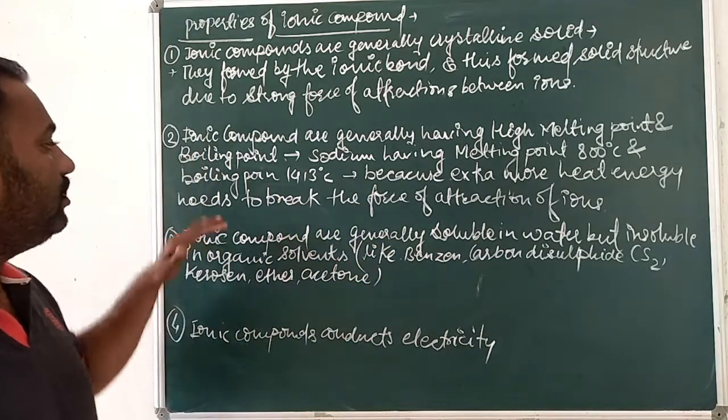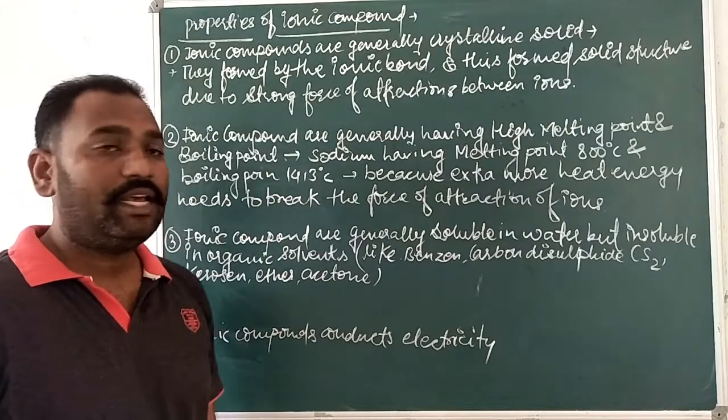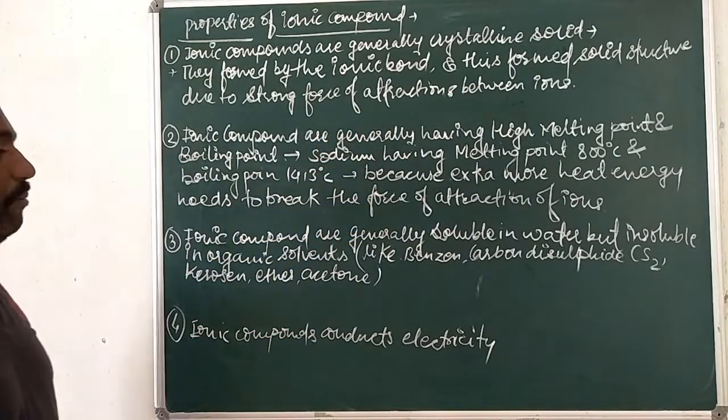Too much extra heat energy is needed to break the force of attraction of ions. That's why they have high melting and boiling points.